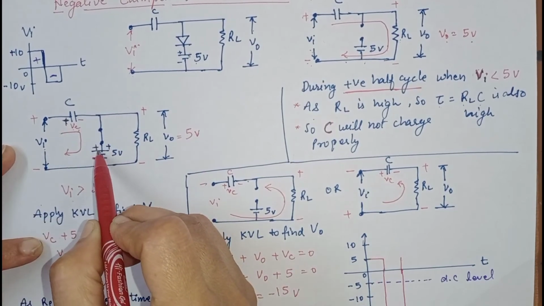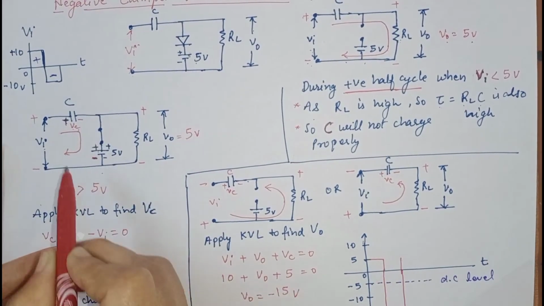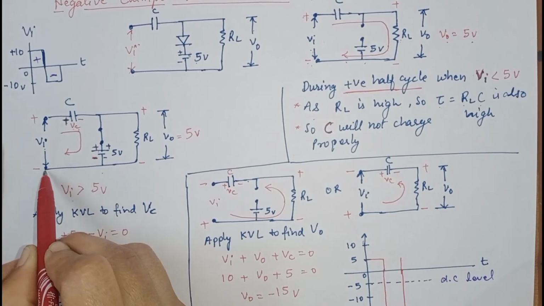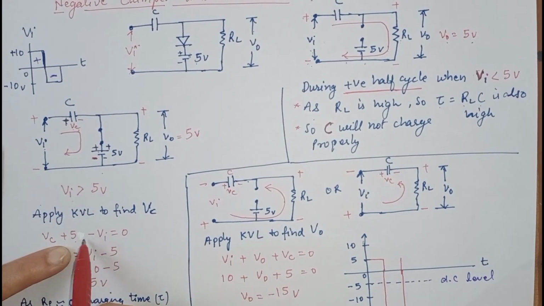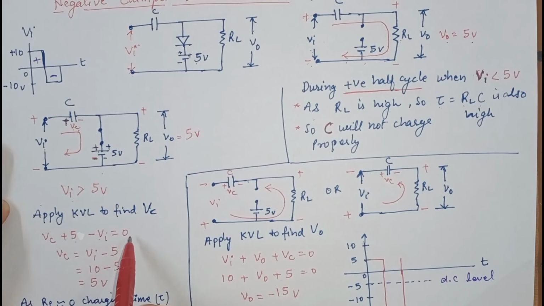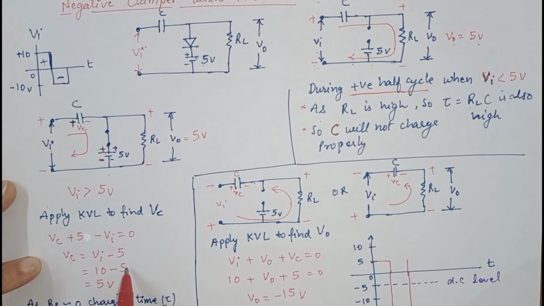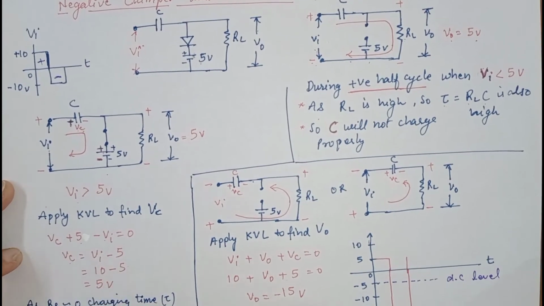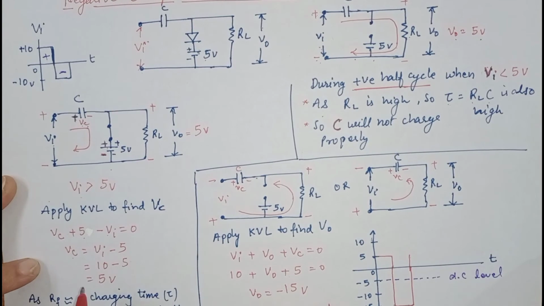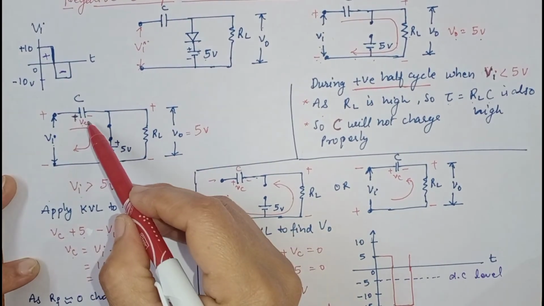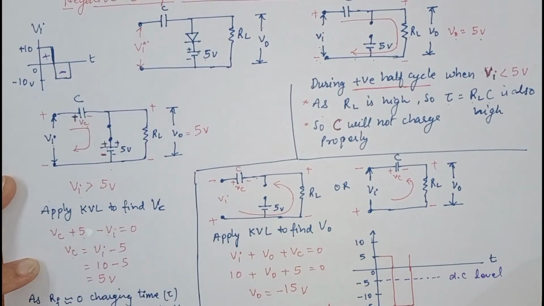Now plus 5 volt, again because entering here in negative terminal, so minus VI equals 0. So VC equals VI minus 5 volt. So VI 10 volt minus 5 equals 5 volt. In this case, this capacitor is charged up to 5 volt.